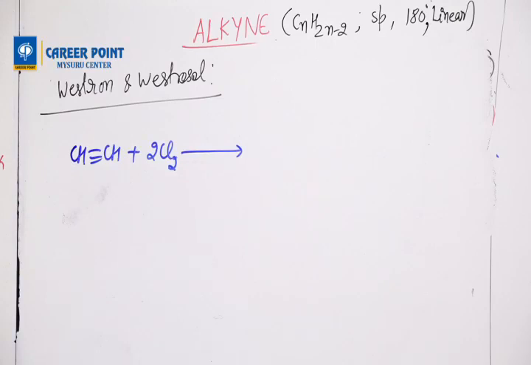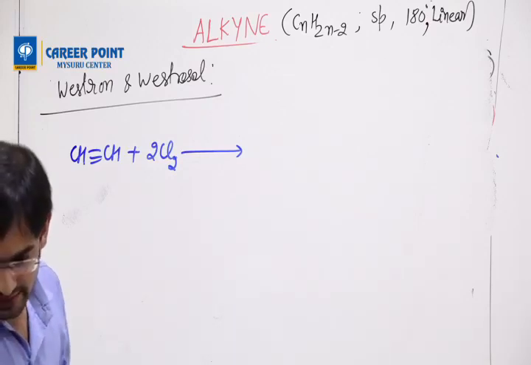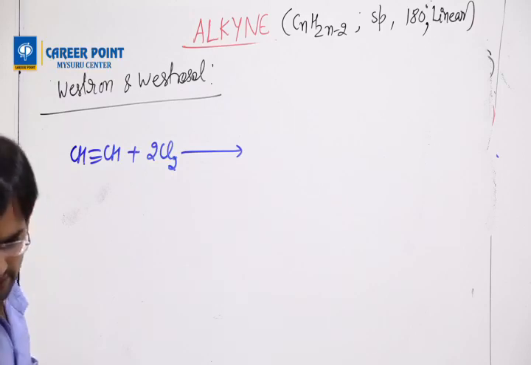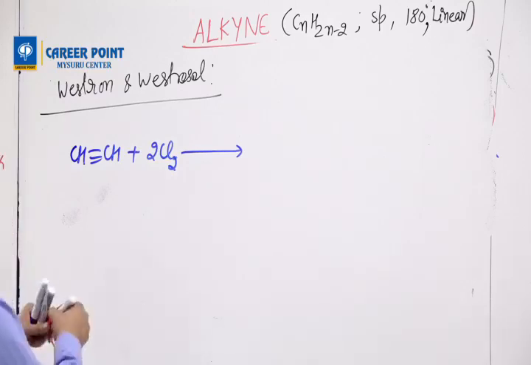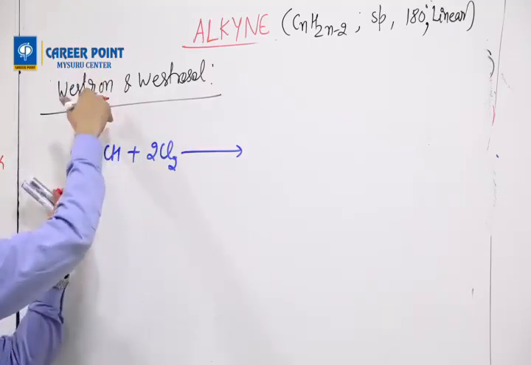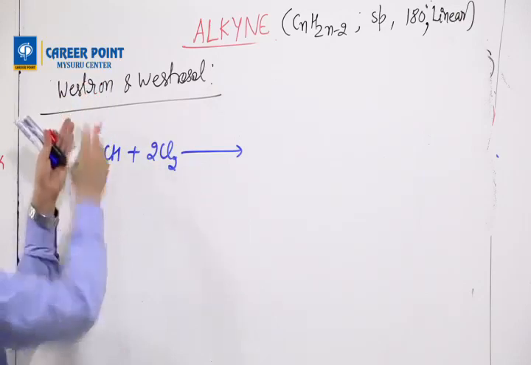So we'll get Cl2, anti addition, 1 Cl from here, 1 Cl from there, then one more Cl from here, one more Cl from here.